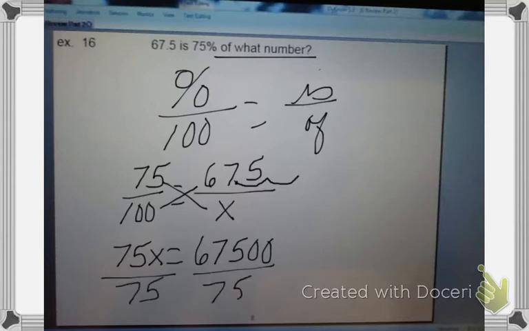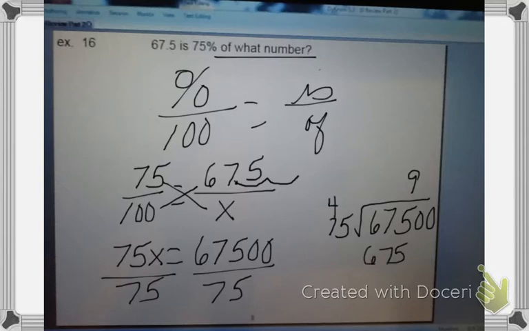Now this number, I have no idea. If you have a calculator, you can use your calculator. However, we're not really allowed to use calculators for the first few months. So I'm going to work this out in long division. I'm going to try a 9. Oh, and it goes into it evenly. There are 2 zeros left, so it's 900. So x is equal to 900.